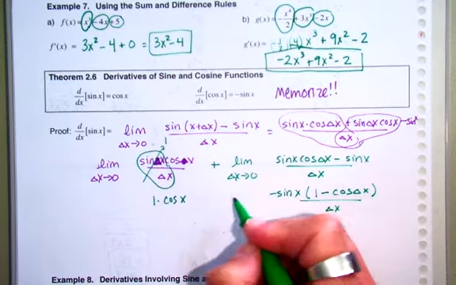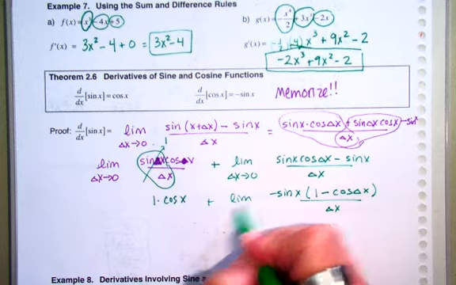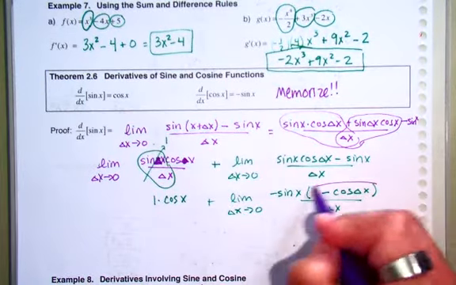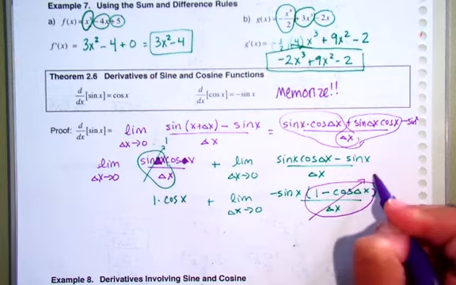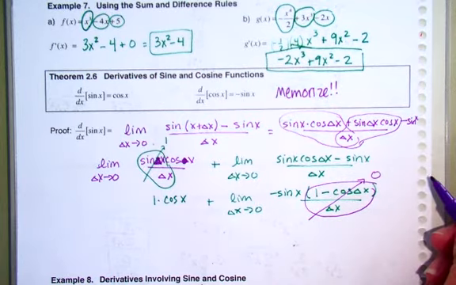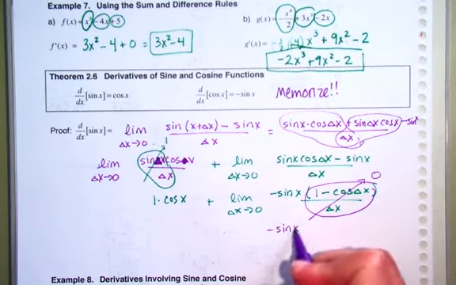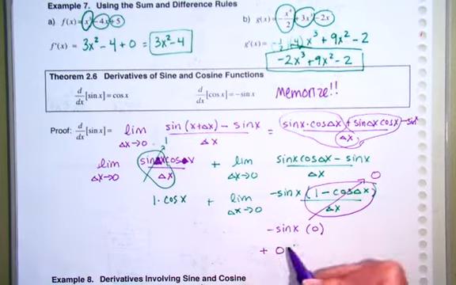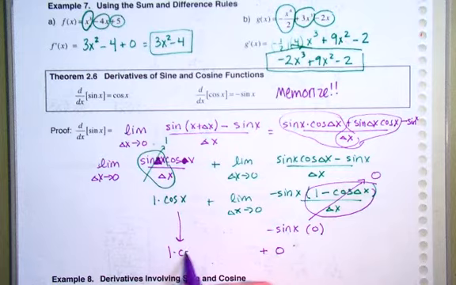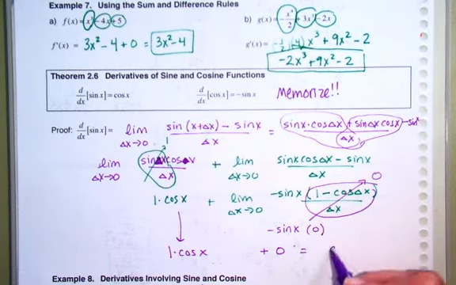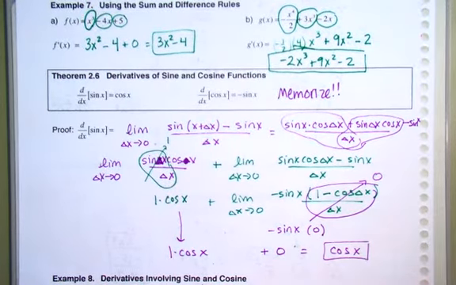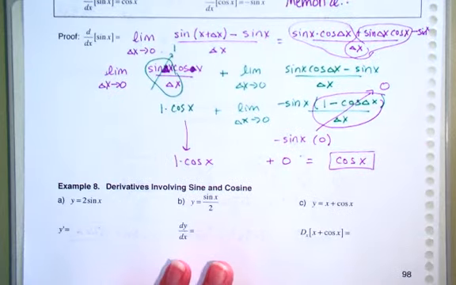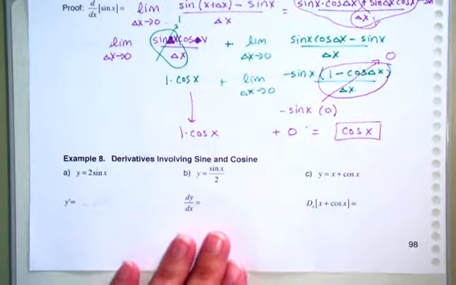You can see where this is going, because now the limit as delta x approaches 0 of this part is just 0. So I have negative sine x times 0, which is just 0. Bringing this down, I have 1 times cosine of x plus 0, which is just cosine of x. And that's your proof. That's where it comes from. You're not going to be asked to do that proof again, but just so you know where it comes from, that is the derivation.